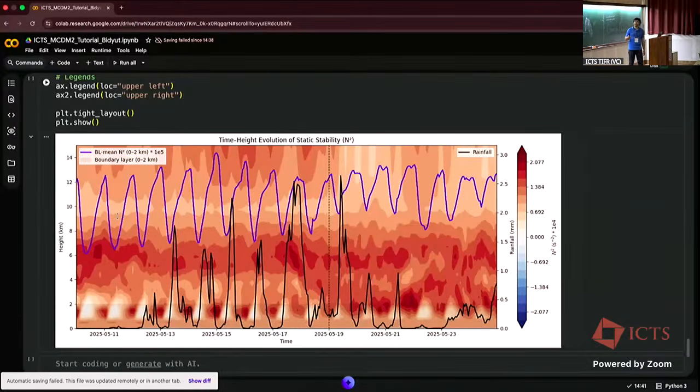Nonetheless, there are larger and smaller values, which says that just before precipitation, there was a dip in the Brunt-Väisälä frequency at the boundary layer. So there was less cap prohibiting precipitation, or convection rather.